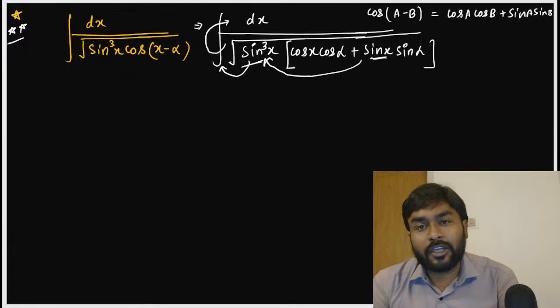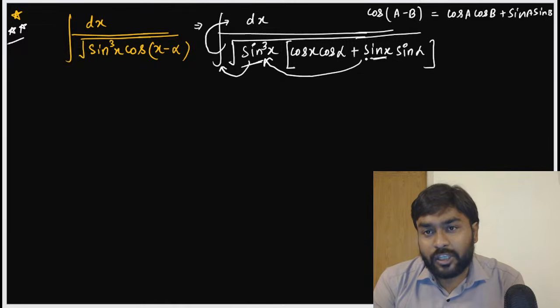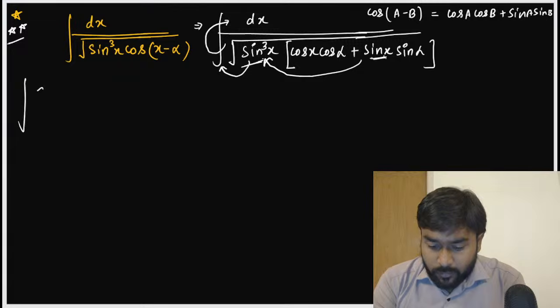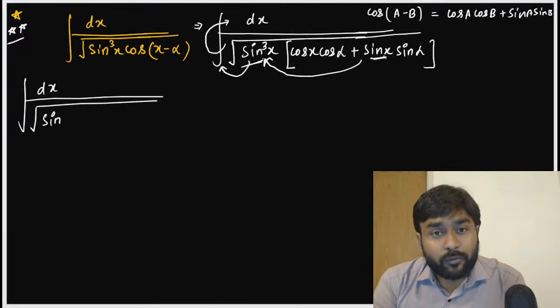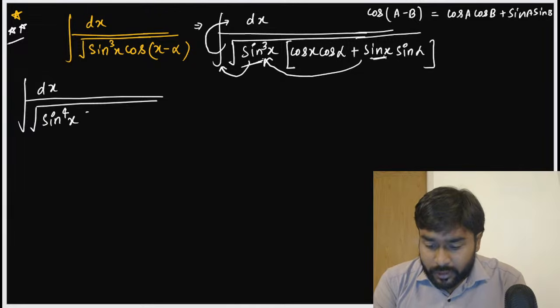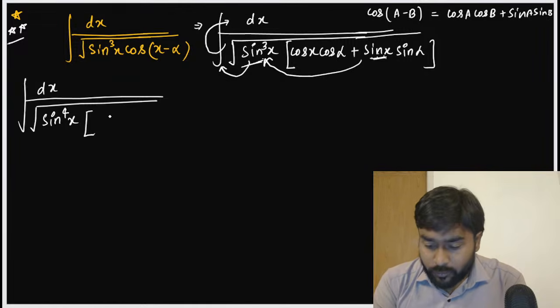One by one, I will tell you what I told. Correct? One by one, I will write, then you will understand. So first, this sin x I am taking common. This will multiply here. So we will write dx by under root of sine power 4, sine power 4x. Then here is sin x, but here there is no sin x, so that sin x will come here in the denominator.